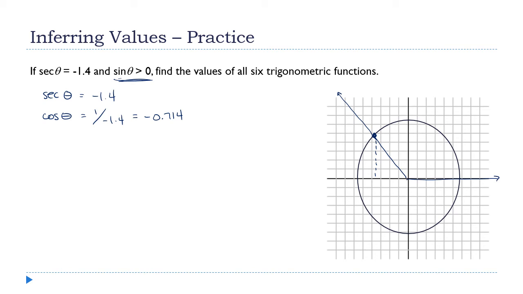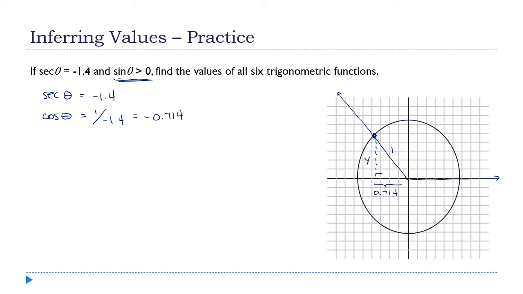Right, and what do I know about it? I know that this distance here is 0.714. The hypotenuse is 1, right, because unit circle. So I want to find that y-coordinate. I want to find this distance.